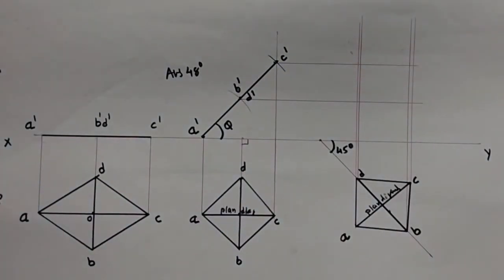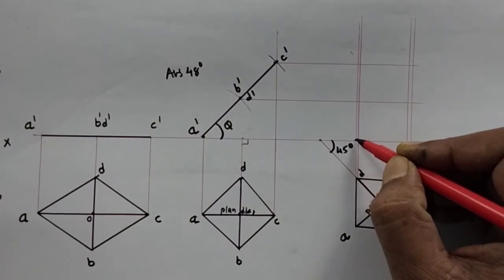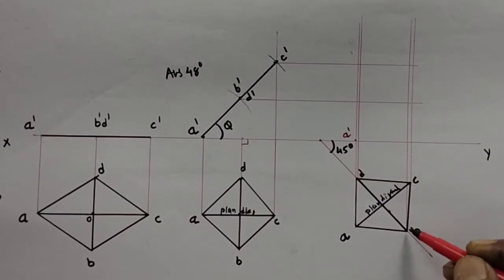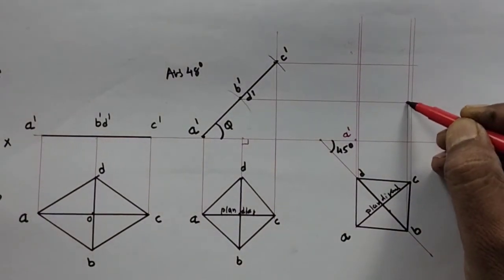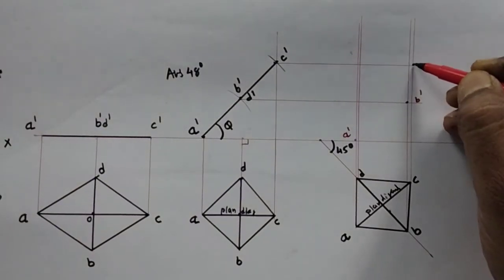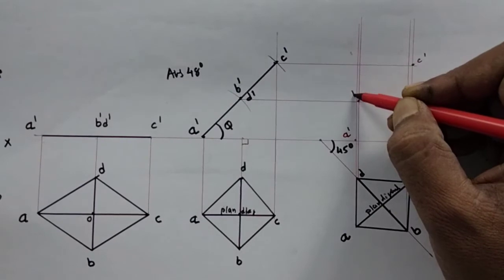Now you can mark your intersection points. So this is my A point, always the A dash on the XY line. So there is A dash, then it is our B dash, then it is our C dash, and this is our D dash.